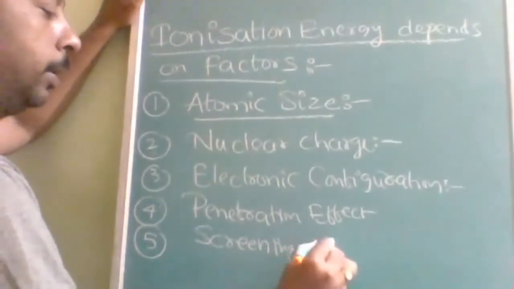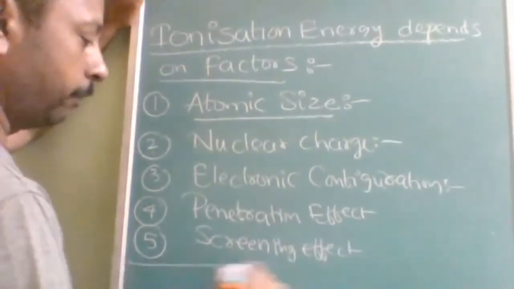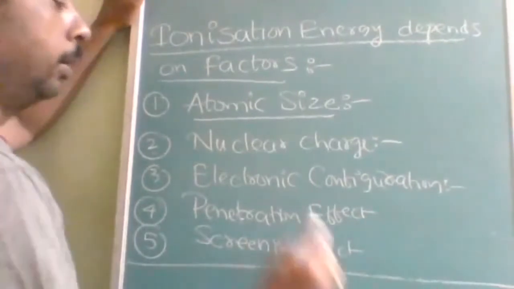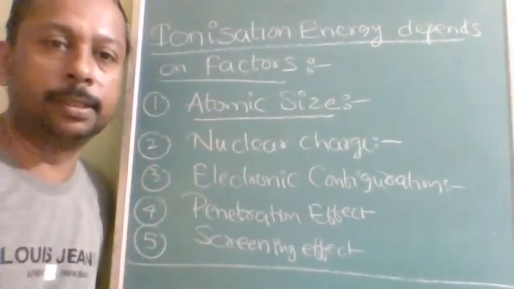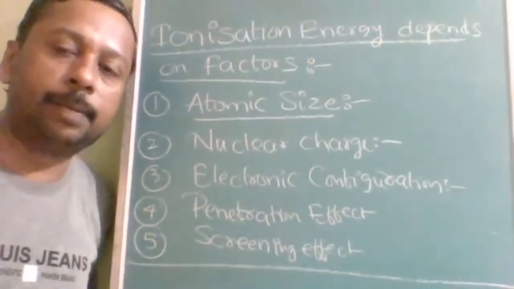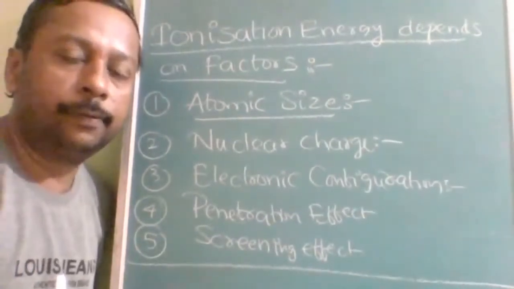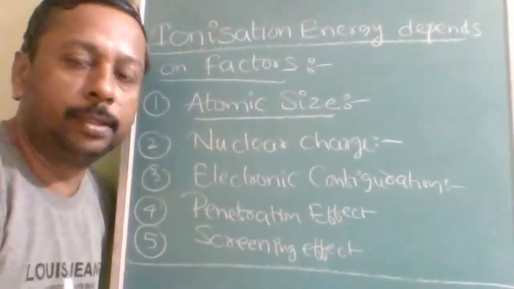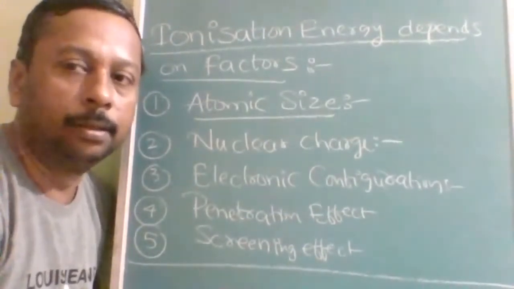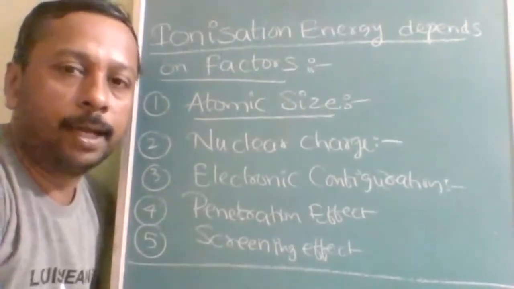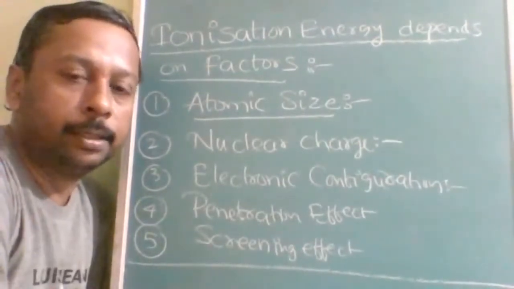Okay. So these are the effects which are very, very important. Out of this, there will definitely be 2 to 3 questions. When you write this chapter's examination, definitely from this chapter only 3 to 4 or 2 to 3 questions will be there. Okay. So these are the factors affecting ionization energy.